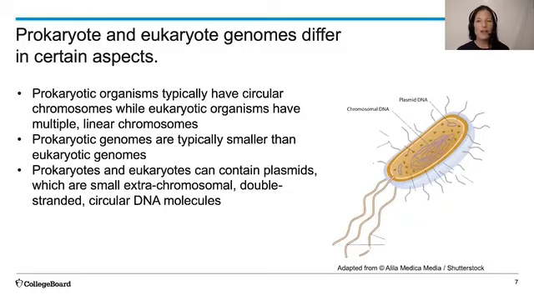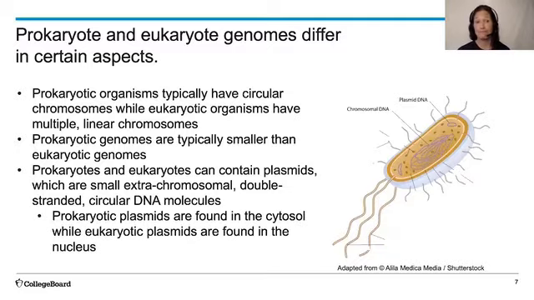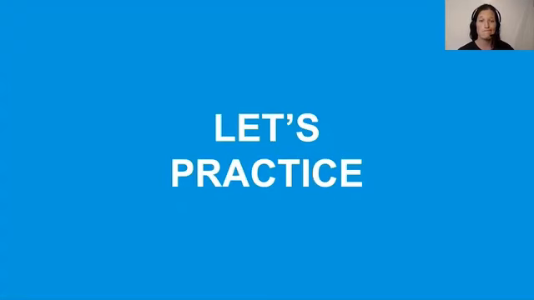Those are small, what we call extrachromosomal, double-stranded circular DNA molecules. I know that's a mouthful, but think about it as just a little bit of extra DNA, a little tiny circular extra bit. In prokaryotes, those plasmids are found in the cytosol, while in eukaryotes, those are found in the nucleus.